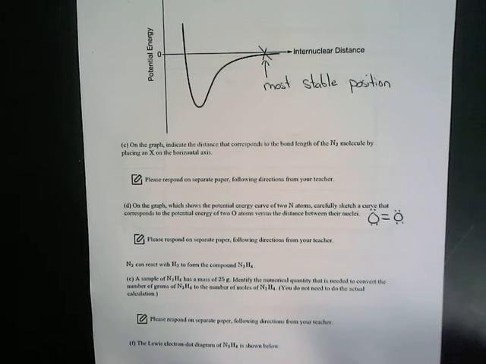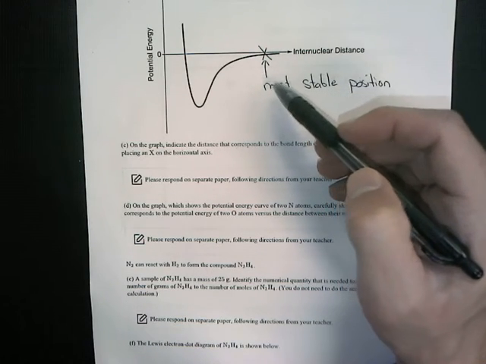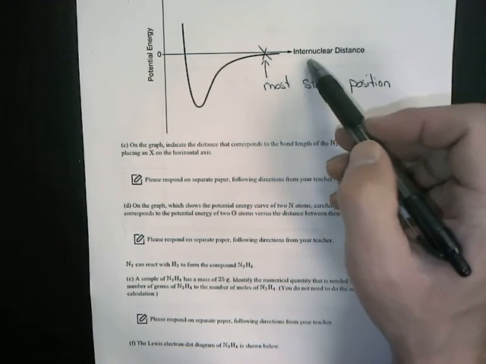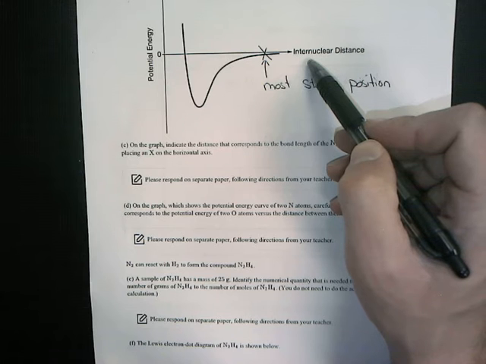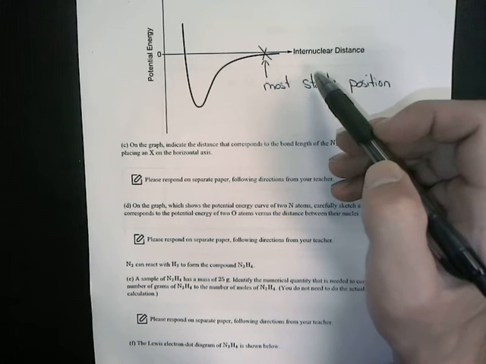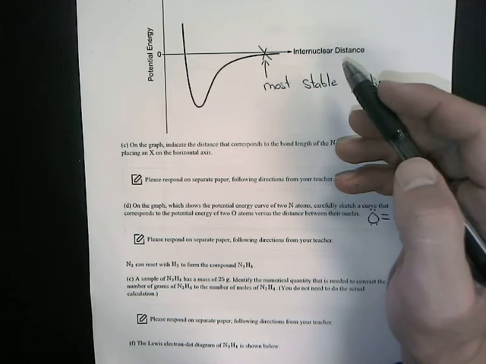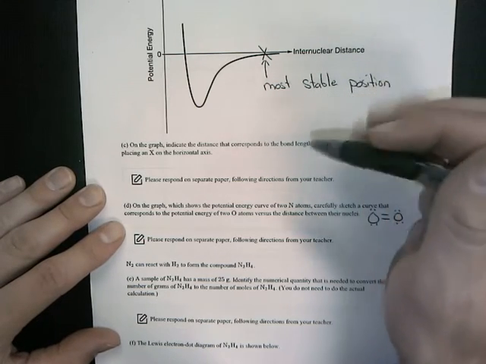So what we have to think about here is that ending point is going to be a little bit further out to the right. And what happens here is this.